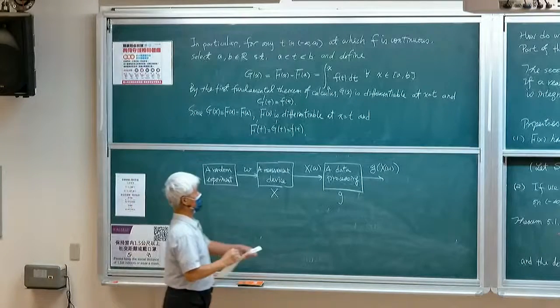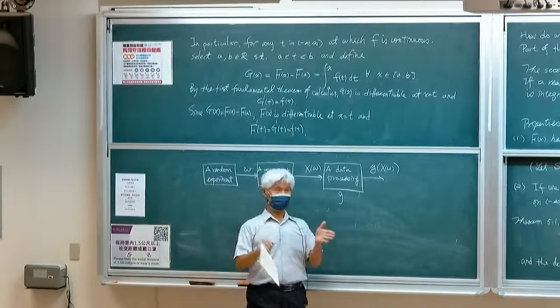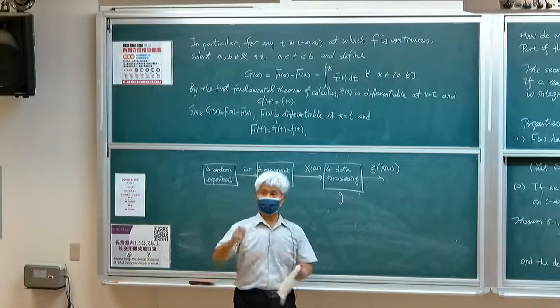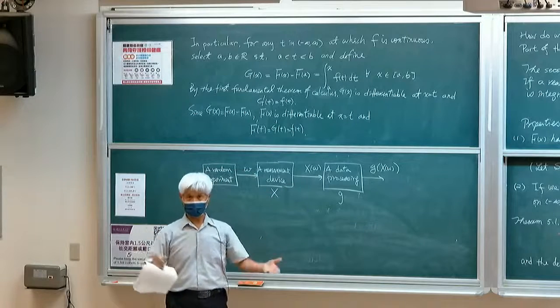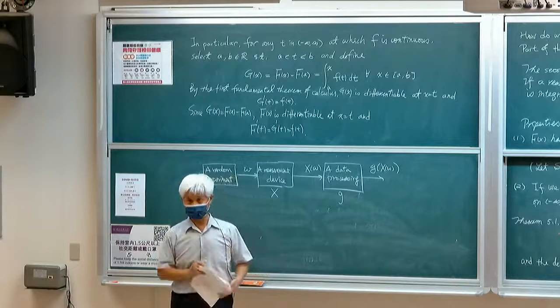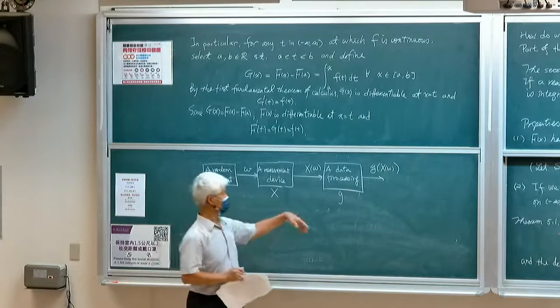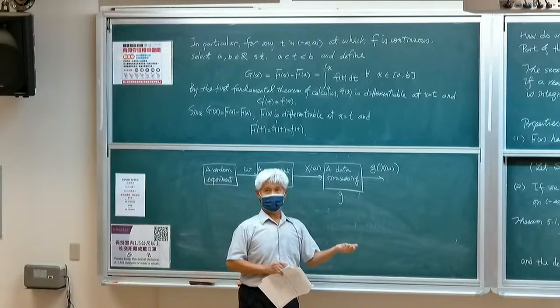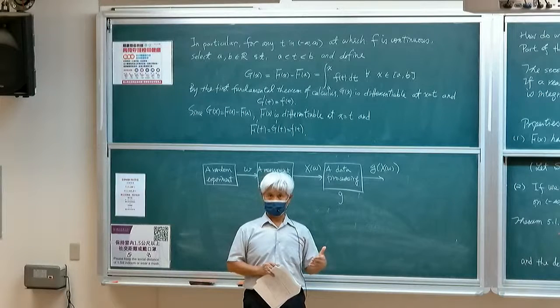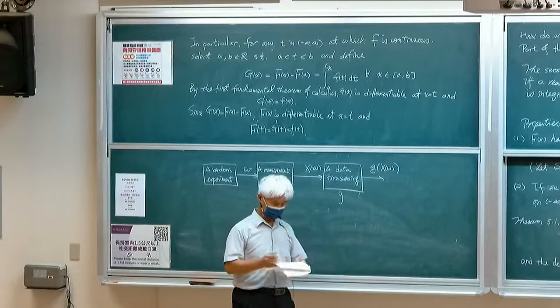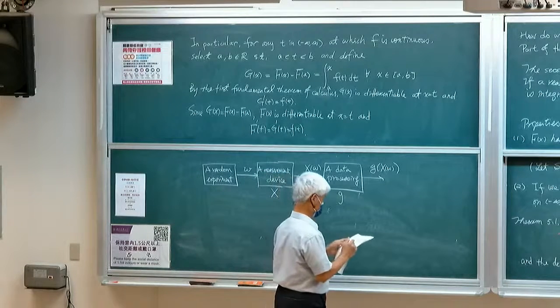For example, you take the absolute value of the measurement value, or you take the square of the measurement result, or you can take the exponential of this measurement result. That is called data processing.